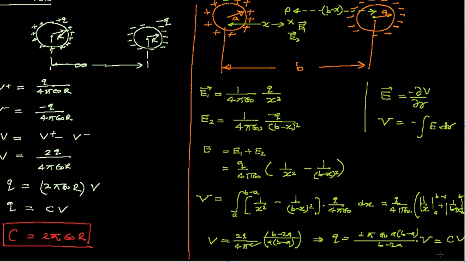That means you got C. The value of C will be nothing but 2 pi epsilon naught a into b minus a divided by b minus 2a. This is the formula.